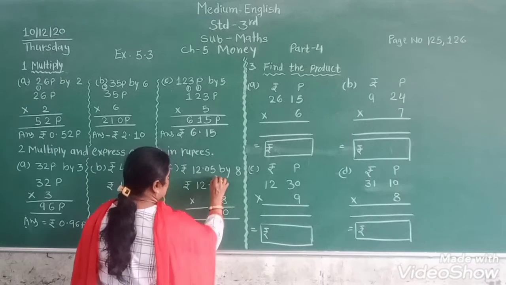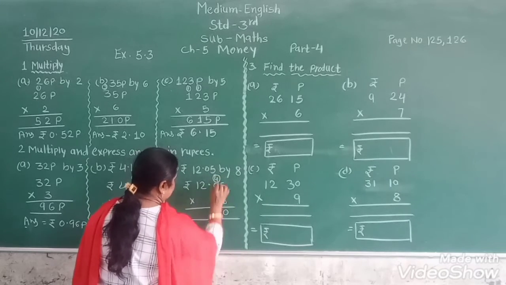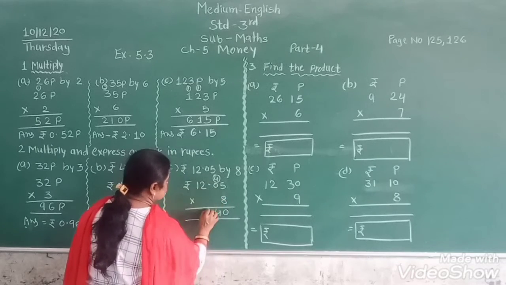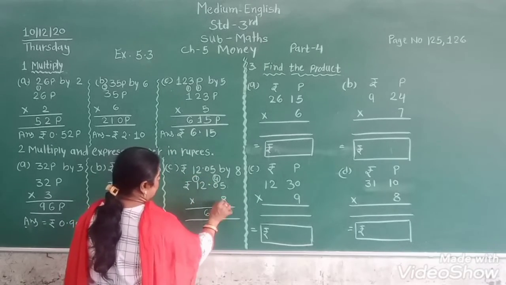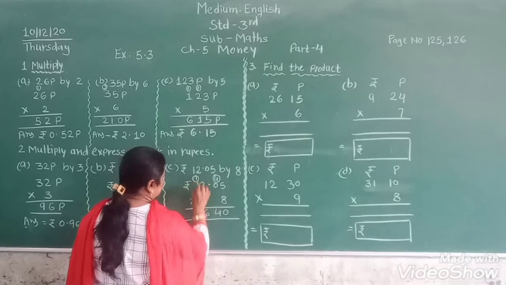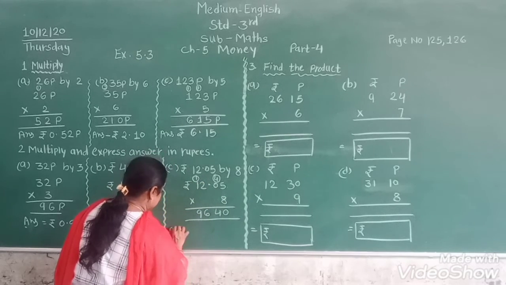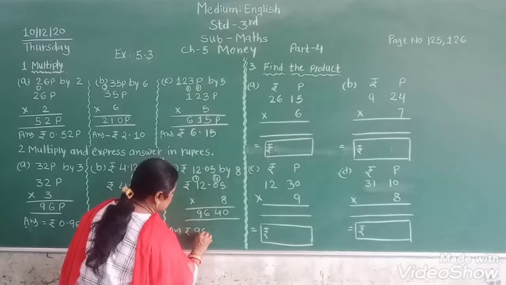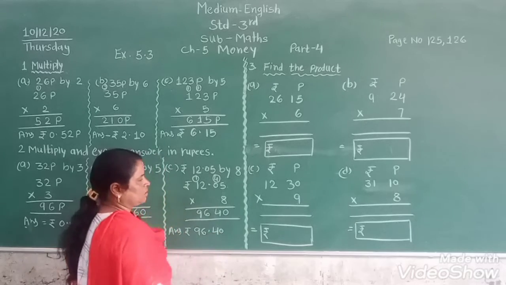We write 0, 4 carry over, 8 0s are 0 and 4 we write downside. 8 2s are 16, 1 carry over, 8 1s are 8 and 1, 9. So answer is rupees 96 and 40 paise.